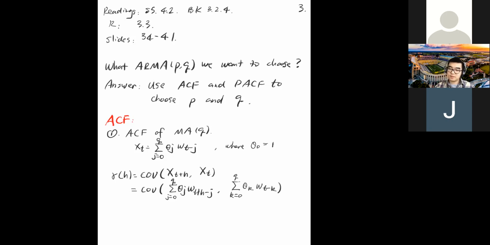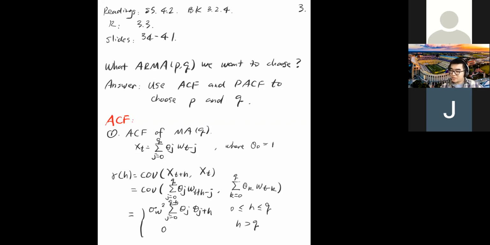We know how to find the covariance of this: we just determine how many white noises overlap in these two summations. Let's assume the variance of each white noise is sigma W squared. So we can find this.